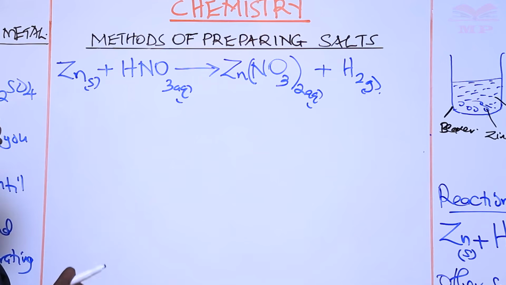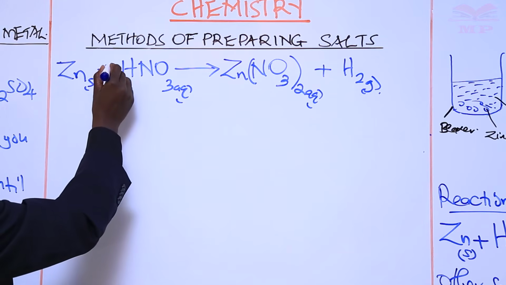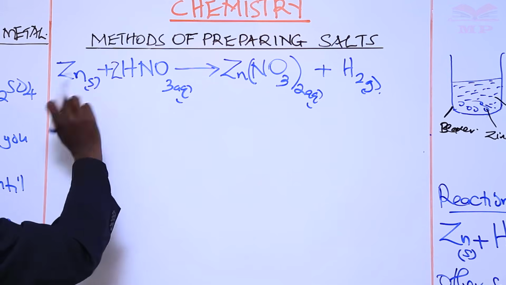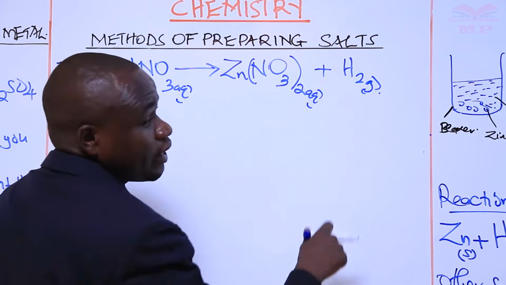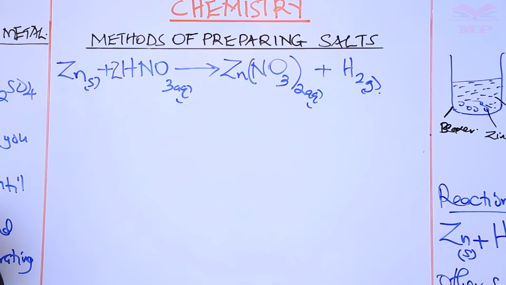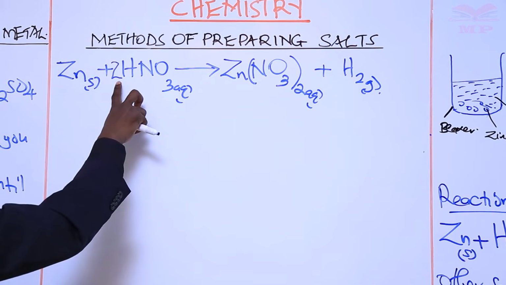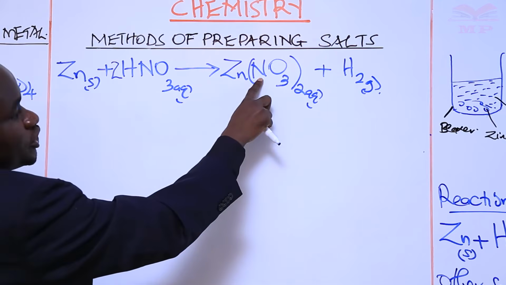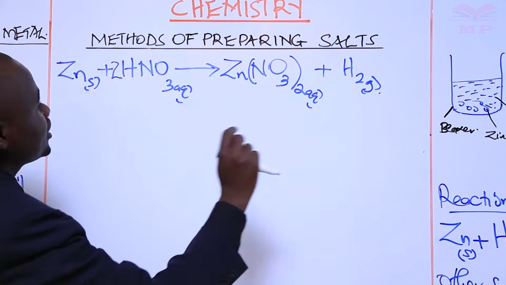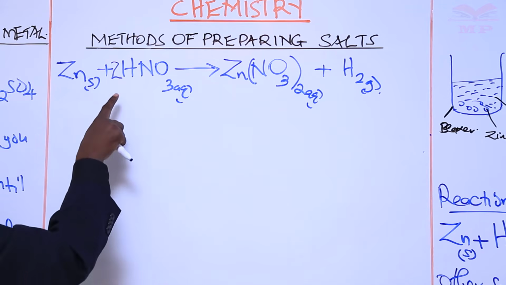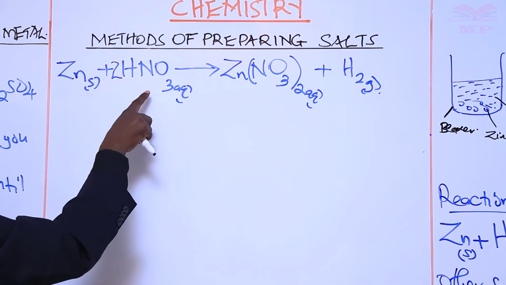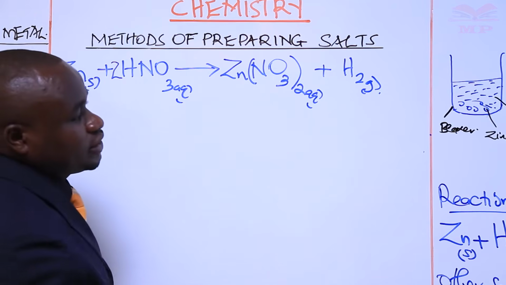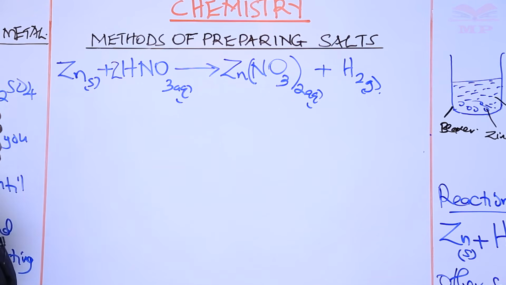I multiply this part by 2. So that will mean I'll have 2 atoms of hydrogen on the left and 2 atoms of hydrogen on the right. Then nitrogen atoms, I'm having 2 atoms of nitrogen. I'm also having 2 atoms of nitrogen on the right-hand side. Lastly is oxygen atoms. This is 2 times 3, you'll get 6. 3 times 2, you'll get 6. That means the equation is balanced.